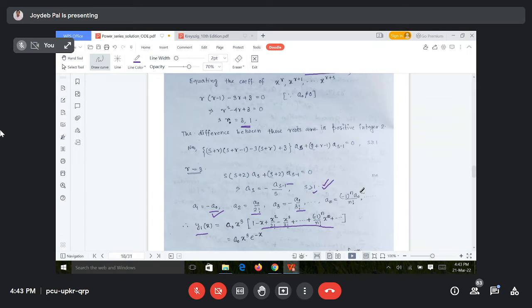Since we are getting a pattern, that is the reason I have written a_n, but you can ignore it also. No need to write a_n. Writing 3 or 4 terms is enough. So it will be a0 into x cube into this. And ये जो series है after taking common a0, that is a known series, right?